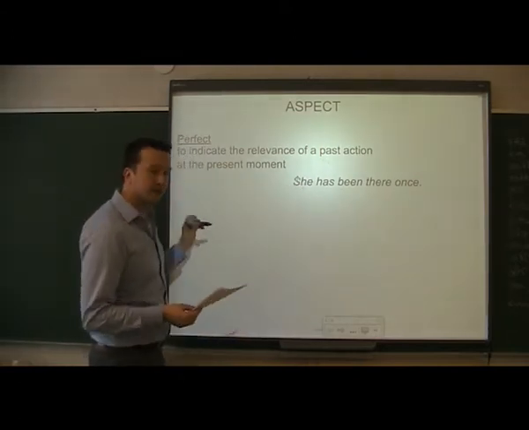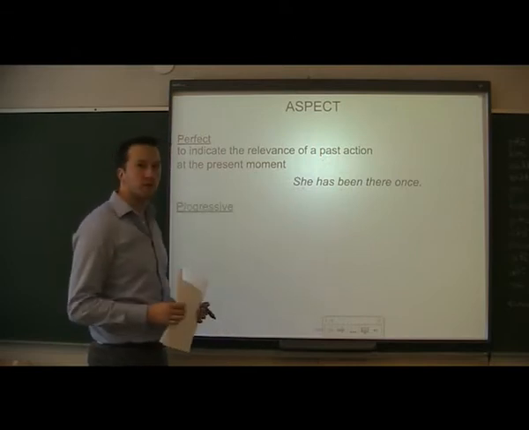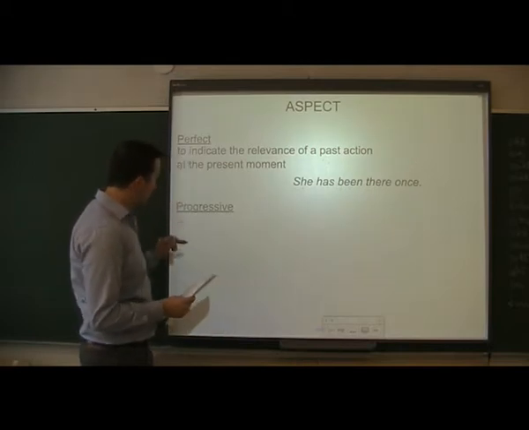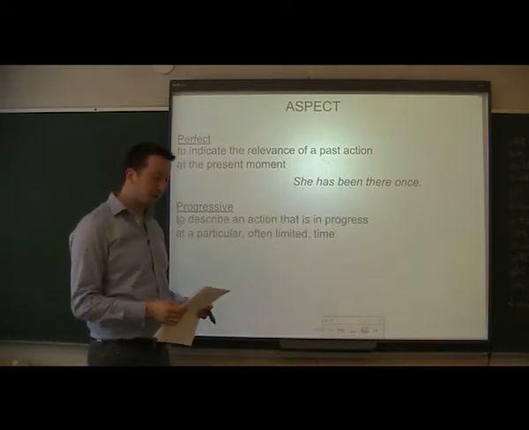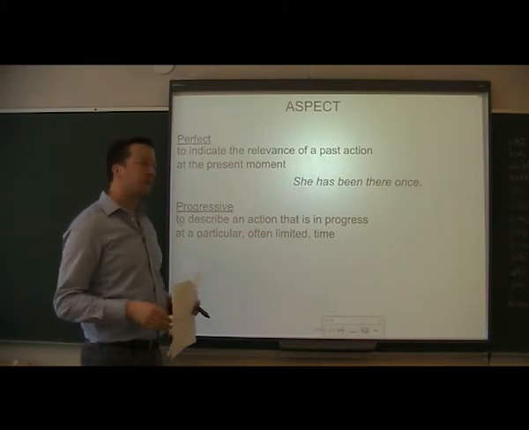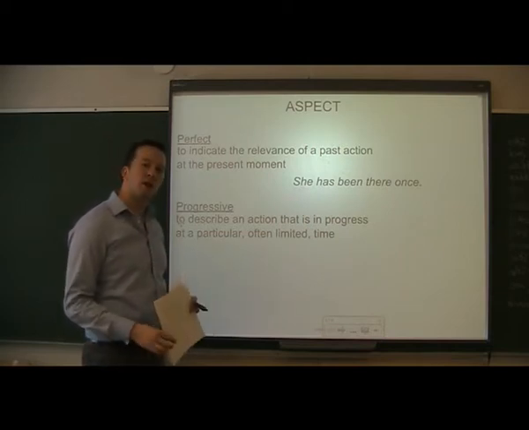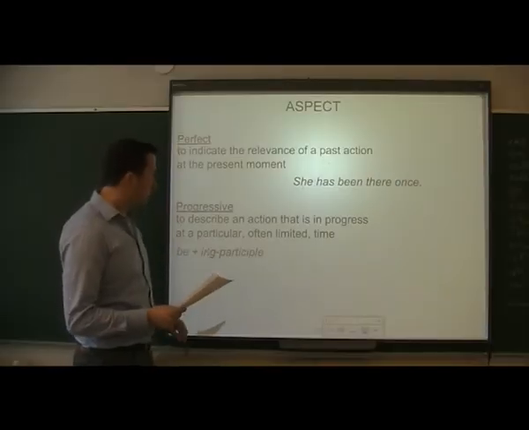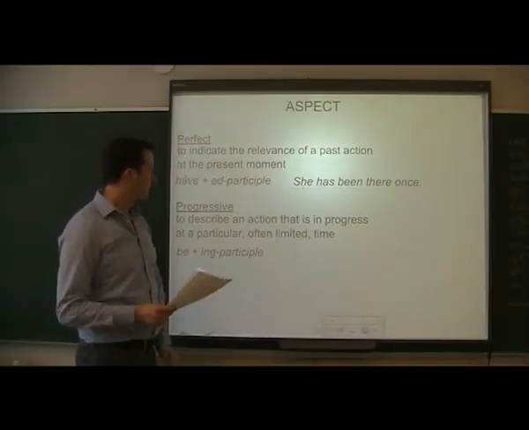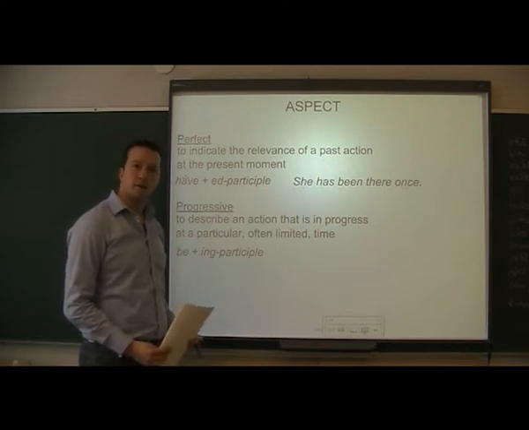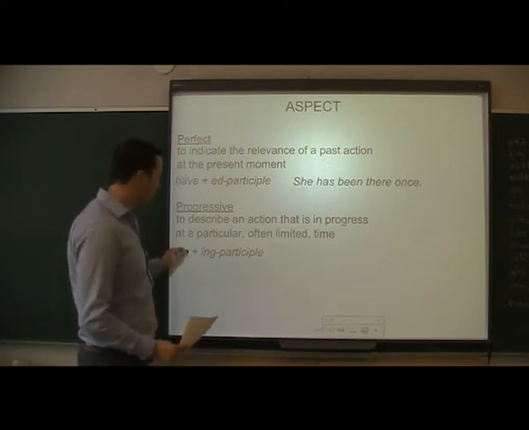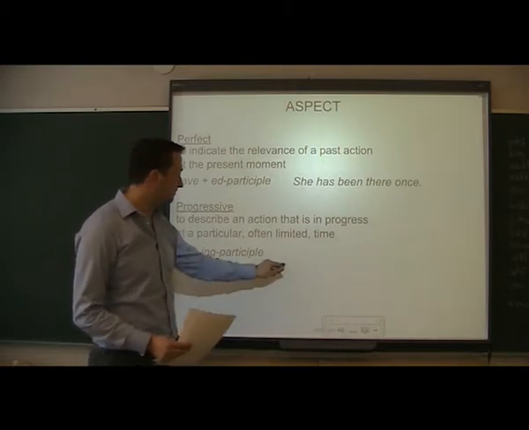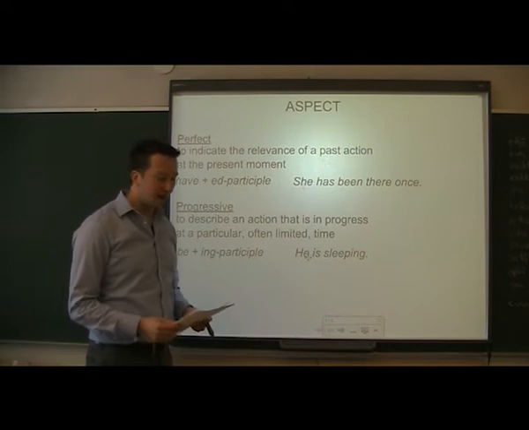The other aspect is the progressive, also known as continuous. We use that to describe an action that is in progress at a particular, often limited time. We form the progressive aspect with the auxiliary be and the ing participle of the main verb, as in, he's sleeping.